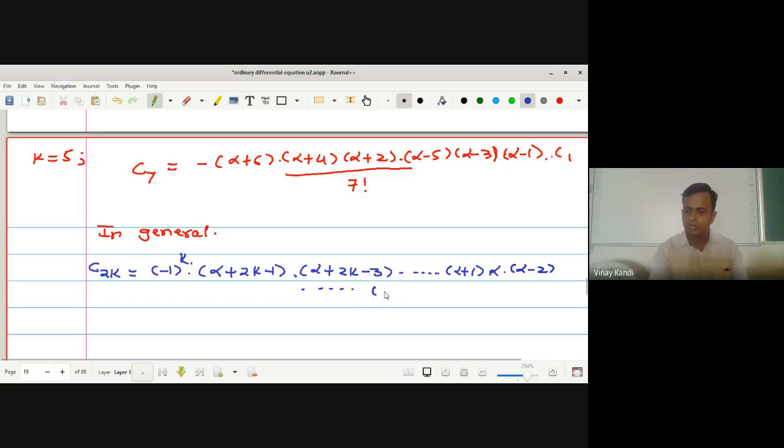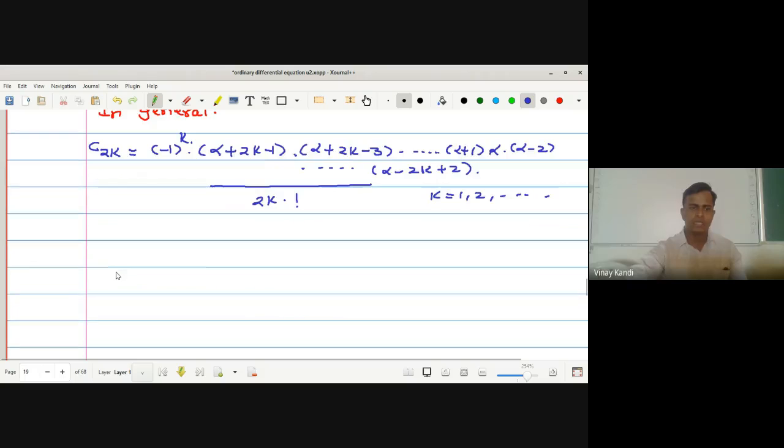This is alpha minus 2k plus 2. So in generalize करताना असे divided by 2k factorial. Okay, is it correct? For k running from 1 to up to so on. So this is the 2k term, C2k.